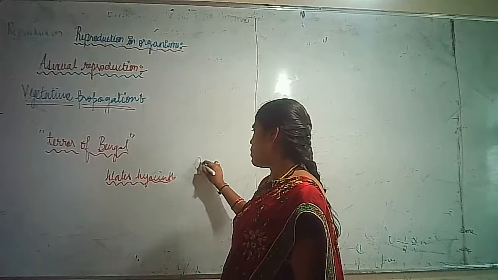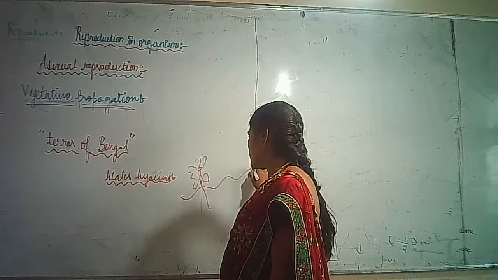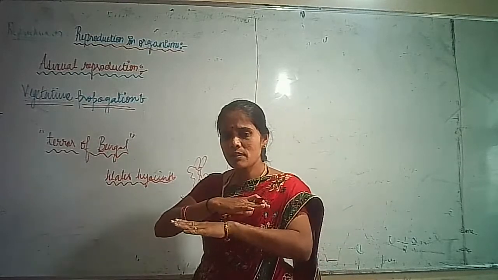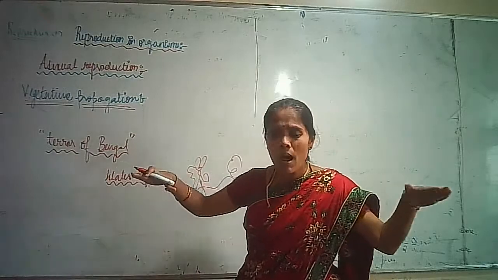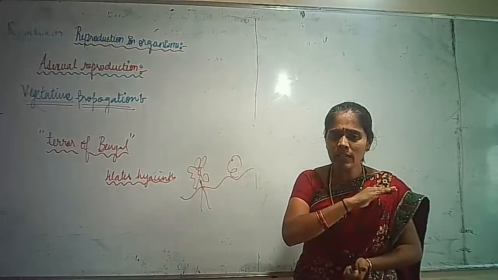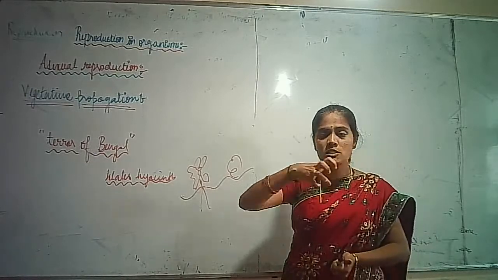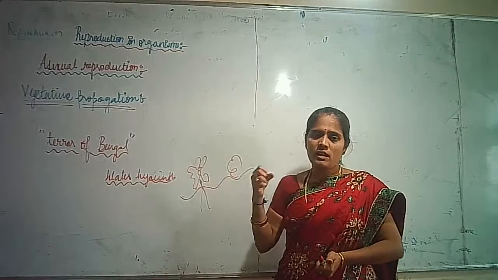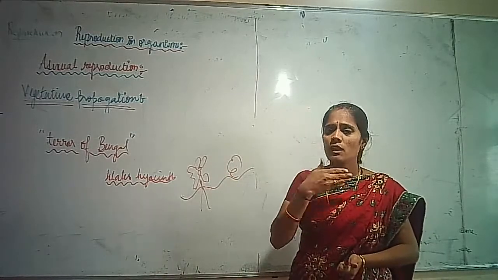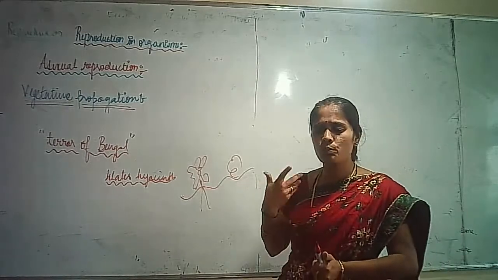This is a water hyacinth. Not only is it covering the whole water surface, it is taking the oxygen from the water. The oxygen present in the water is essential for aquatic organisms such as fishes and other organisms to breathe.